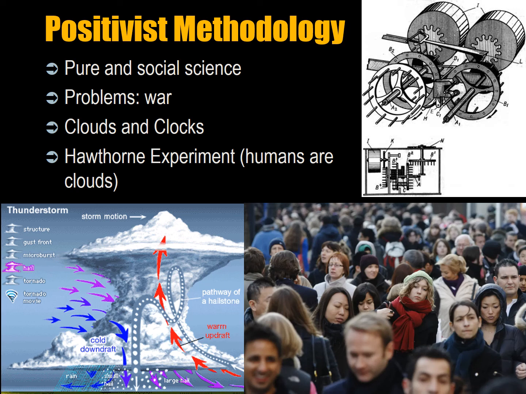The pure scientists may lament the lack of precision in the social sciences, but the social sciences are very important because they deal with problems like war that pure science does not, and because we're faced with an incredibly big problem of how to conduct accurate measurements.